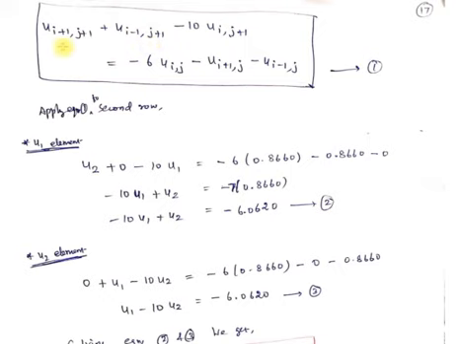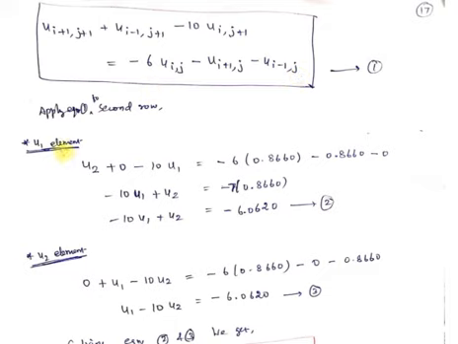Solving this, we get u i plus 1 comma j plus 1 plus u i minus 1 comma j plus 1 minus 10 into u i comma j plus 1 equal to minus 6 u i comma j minus u i plus 1 comma j minus u i minus 1 comma j.